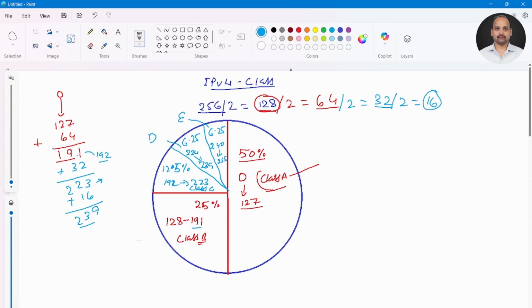So this is the mathematical division of the classes of IP version 4. I will just show you how they are divided in the first octet.